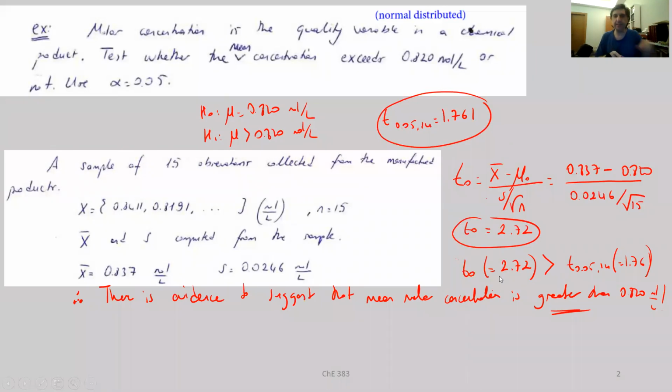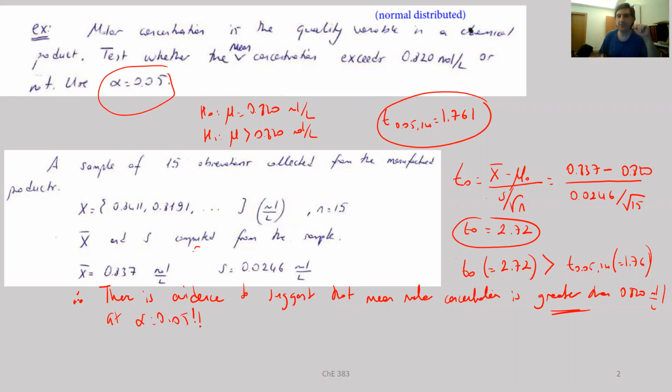Now note that this conclusion is obtained at a significance level of 0.05. So therefore, there is evidence to suggest that the mean molar concentration is greater than 0.820. It is a good idea to also report the significance level here. So we can write here at alpha is equal to 0.05.